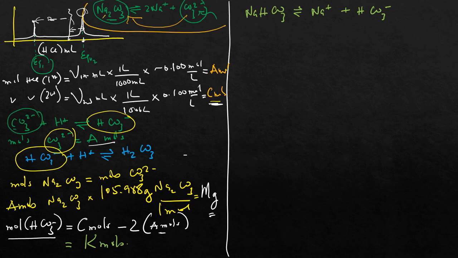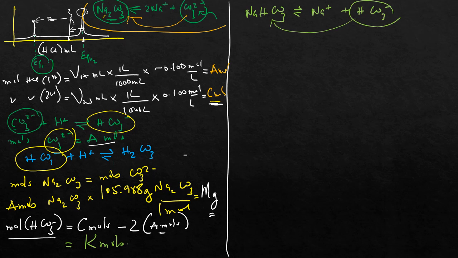All right, so once you find these moles, which is K, that will be equal to the moles of your bicarbonate. So let's calculate the mass of your bicarbonate in the mixture.